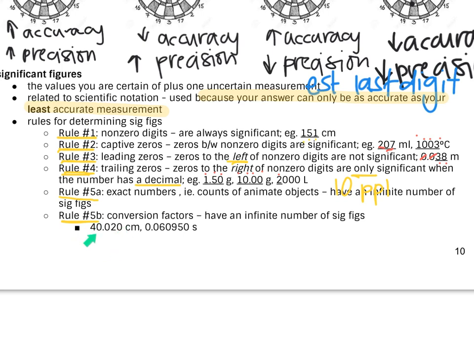You wouldn't say, oh, my number can only have 1, 2, 3, 4. This one has 5 sig figs. So that's not going to factor in with how many significant figures or meaningful digits that your answer has to have. Okay?